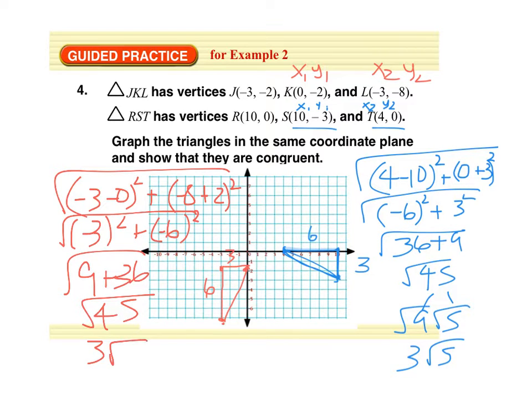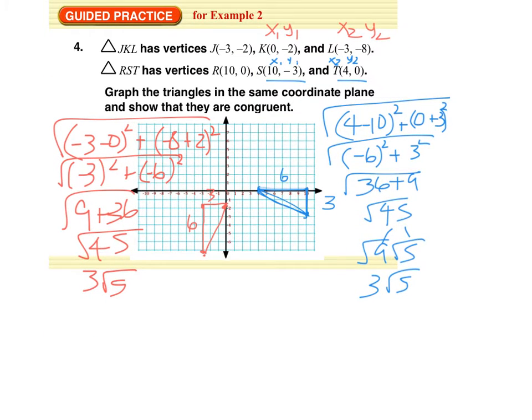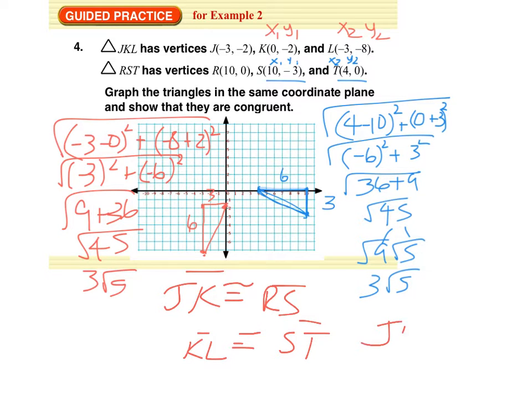So I can already see that the 3 sides are congruent. And again, you'd have to show the congruency statement and show that JK is congruent to RS, and that KL is congruent to ST, and that JL is congruent to RT.